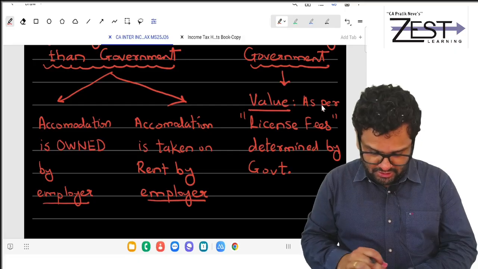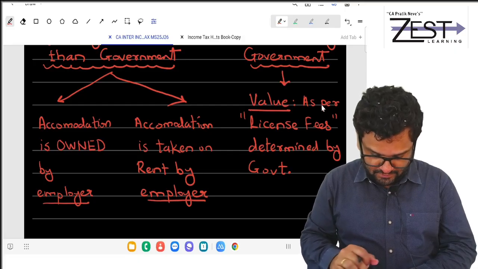How will you do the valuation is the question. See how to do the valuation.